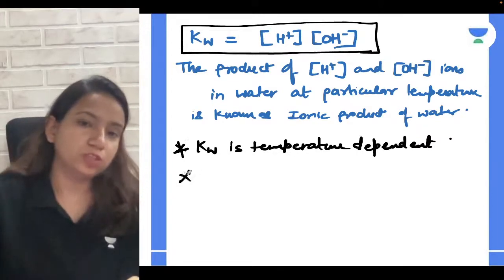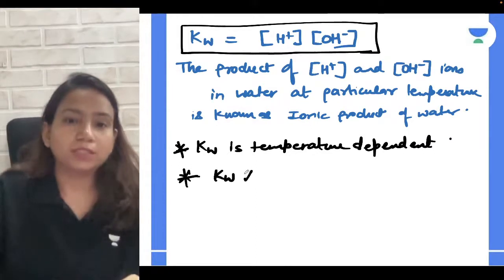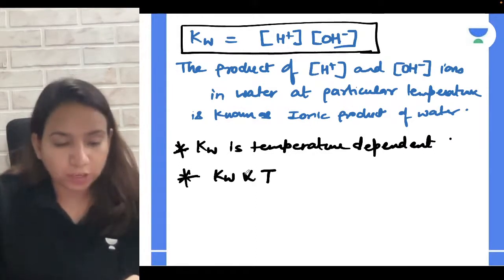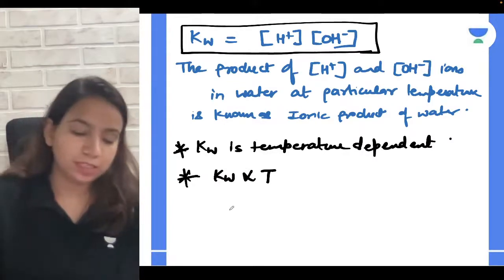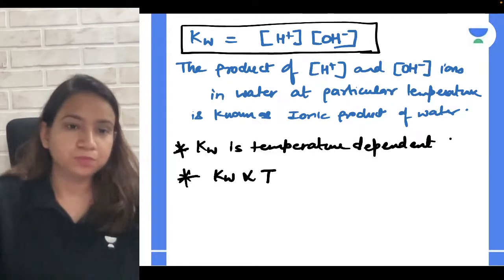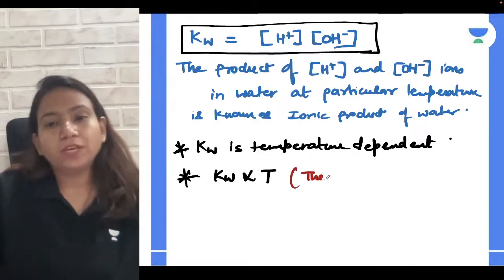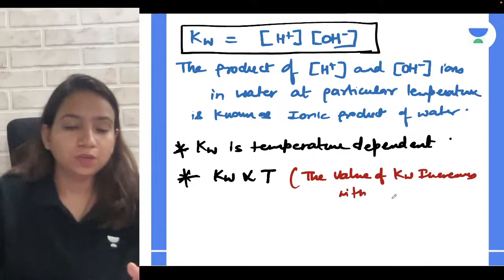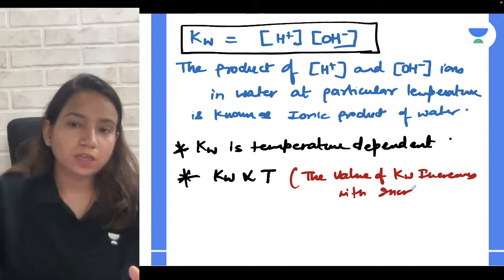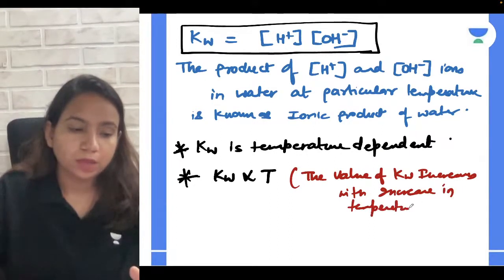So Kw is directly proportional to temperature. It means the value of Kw increases with increase in temperature. Very simple. The value of Kw increases with increase in temperature. Good, guys.